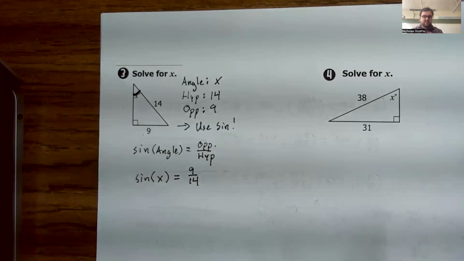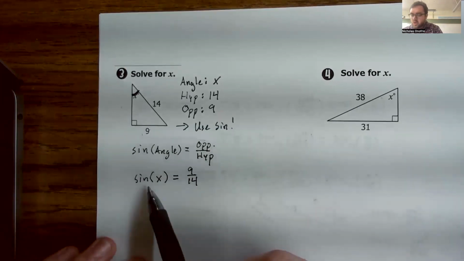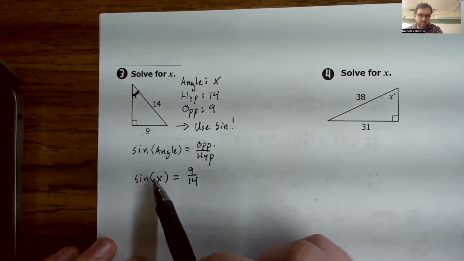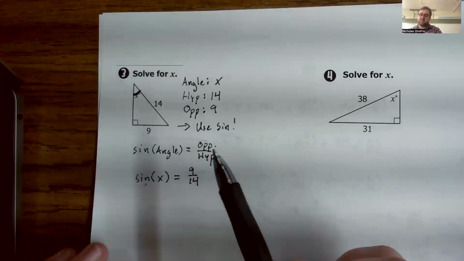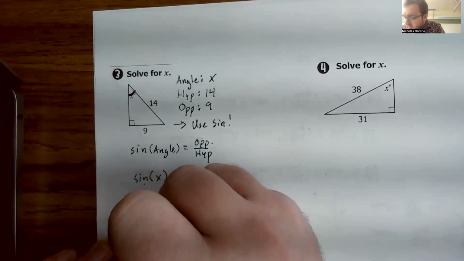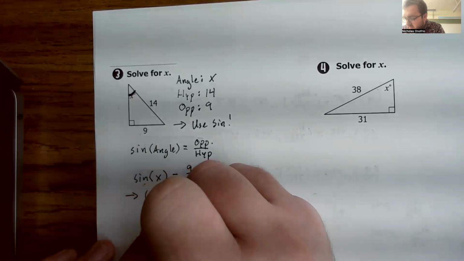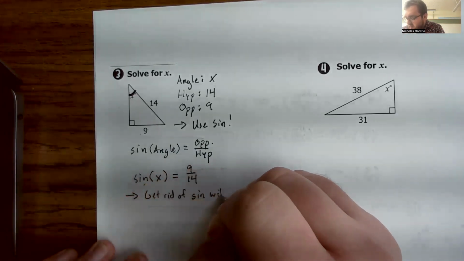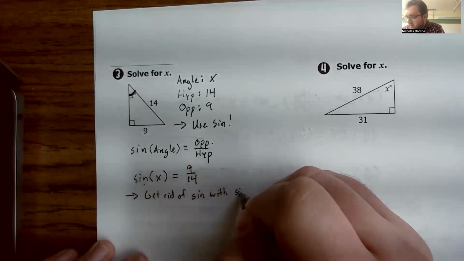And our job is to get the x by itself. Notice we have no numbers with the x, just this sine. So we can get rid of sine with sine to the -1.